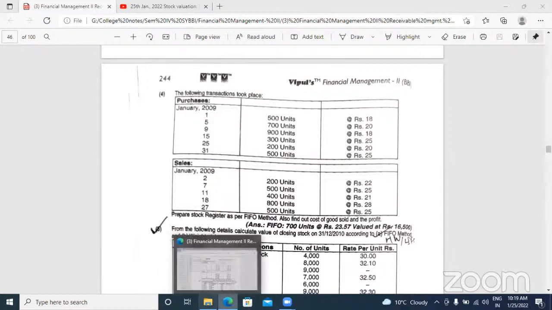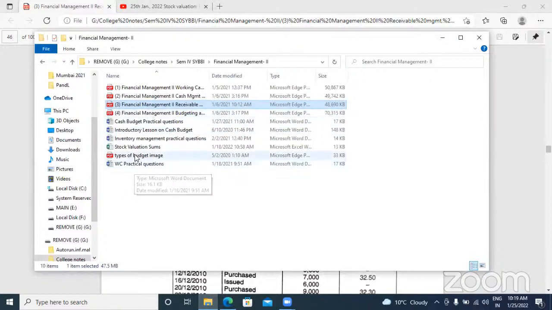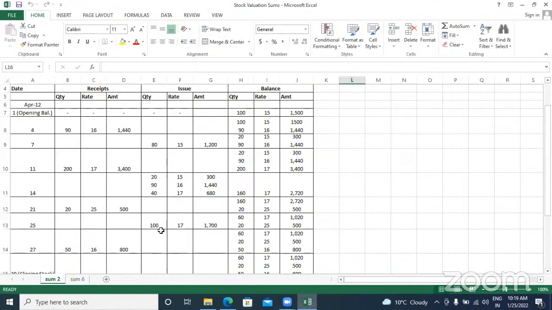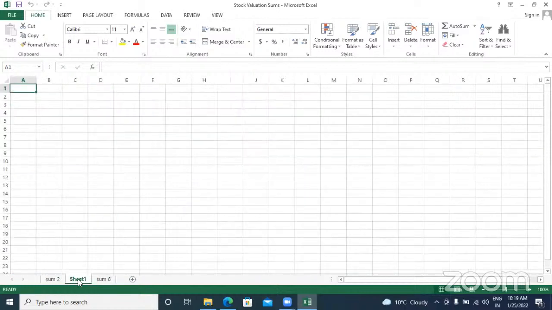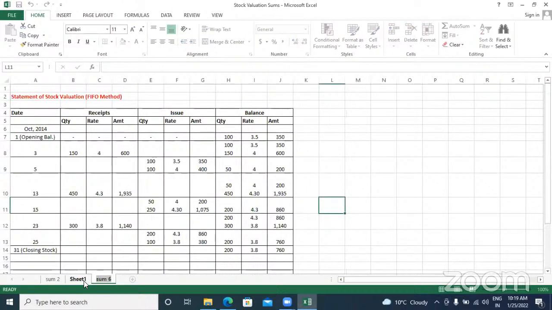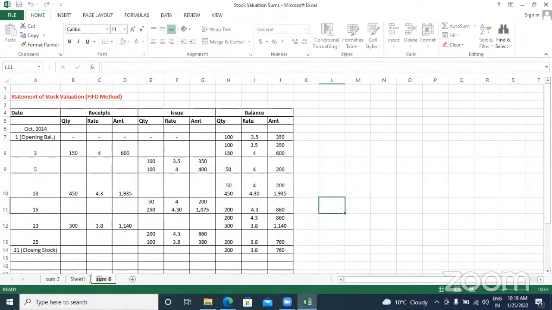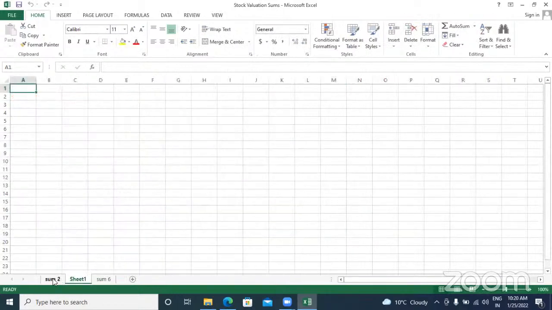Let me open my Excel sheet. I will add here one more sheet. This is unsolved sum number 4.